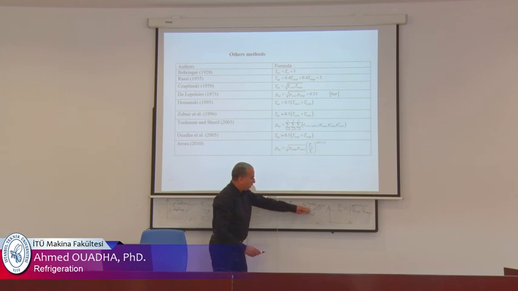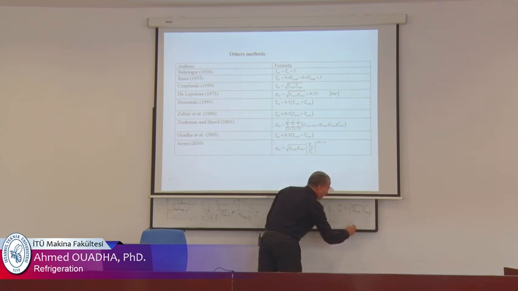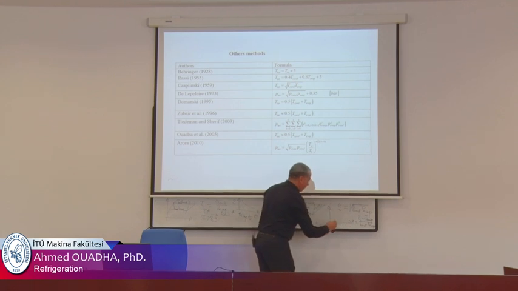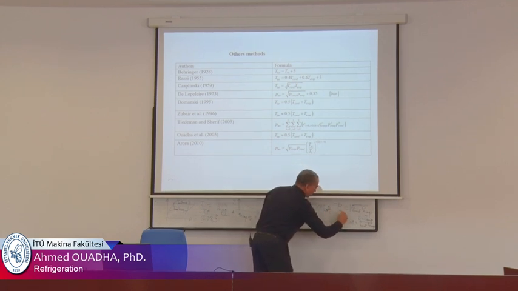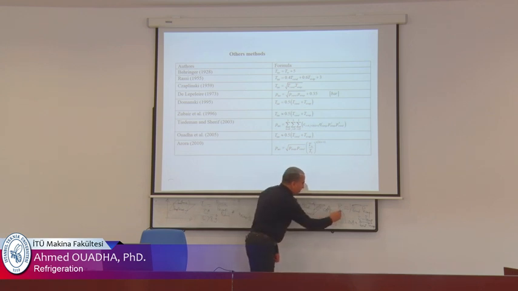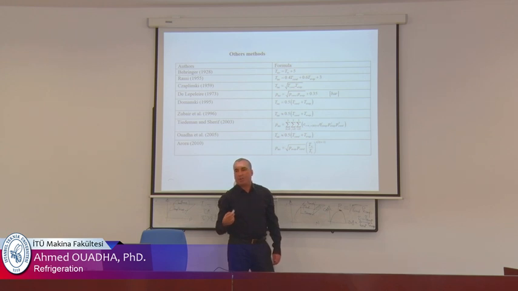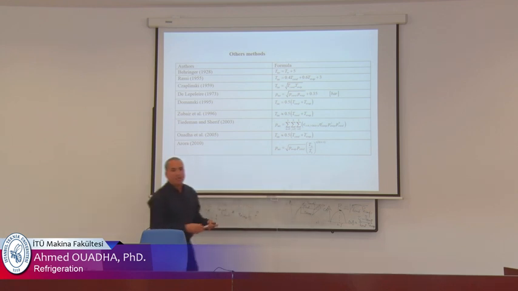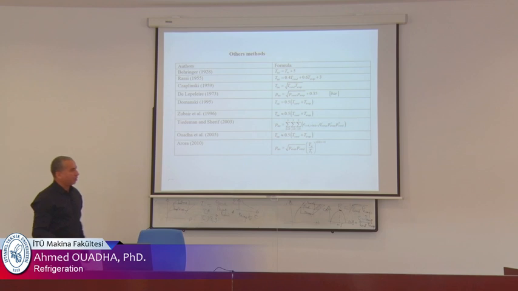He varied the intermediate temperature from the evaporation temperature to the condensation temperature and created another variable, theta, equal to T intermediate minus T evaporation over T condensation minus T evaporation. And he got the coefficient of performance like this. The maximum corresponds to the optimal intermediate temperature, and it is about 0.5. It means the arithmetic mean of condensation and evaporation temperatures.